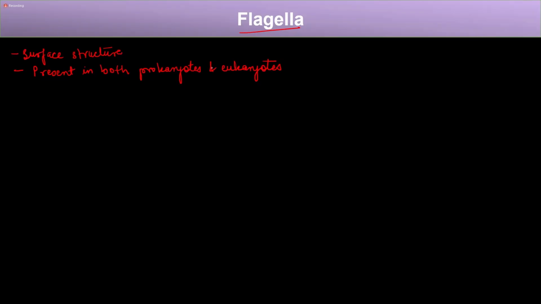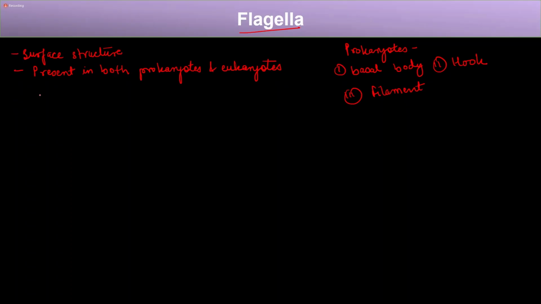If you remember, in prokaryotes, flagella has three parts. One was the basal body, the second was called hook, and the third one was called filament. So these were the parts of the flagella in prokaryotes.